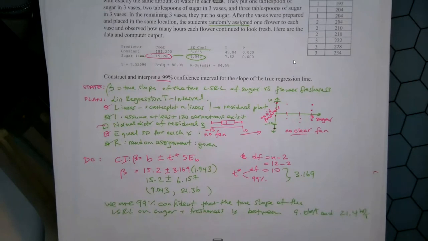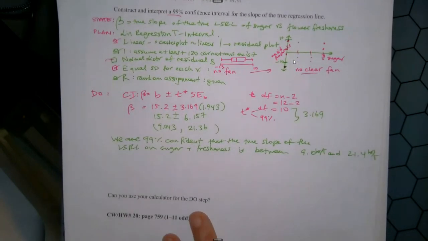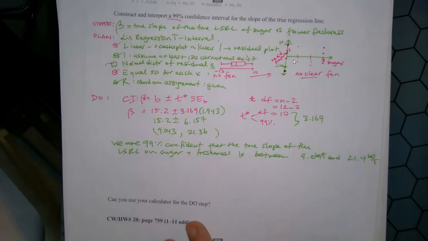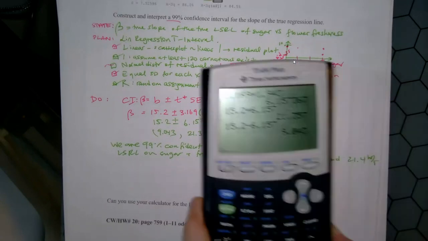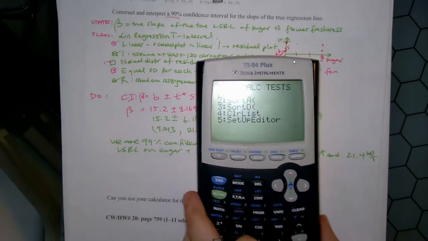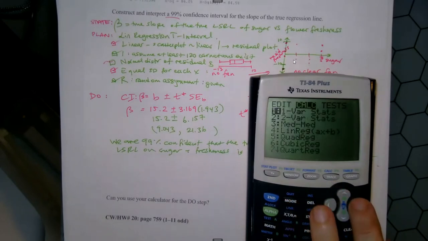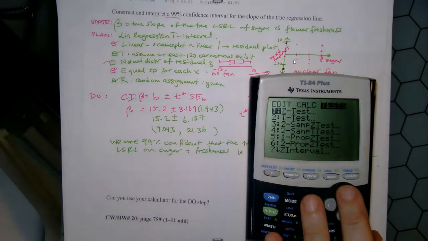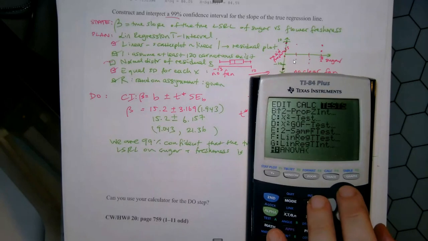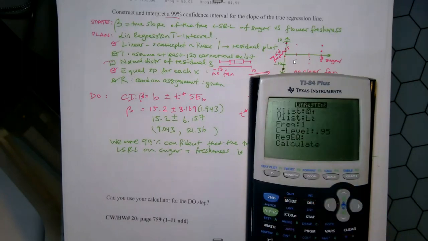All right. Can you use your calculator for the do step? You could. Let's try it. Going over to tests, you're looking for the very, very last procedure here. So I would recommend moving up. Well, not the last one. G, linear regression t interval.